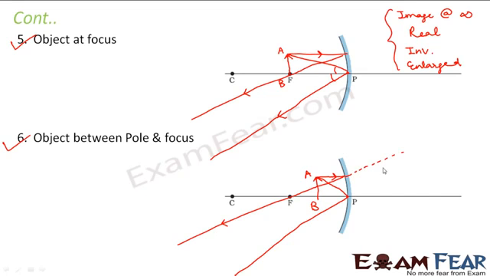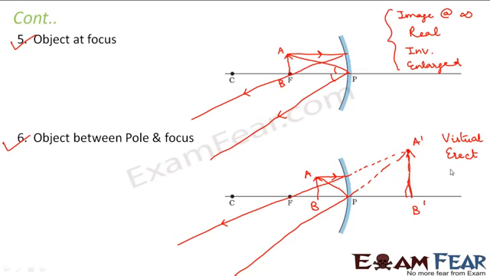So in this case, what do we do? We extrapolate them at the back, and we see that they appear to meet at this point, and then we say that this is my image. So we say this A'B' is the image formed. So in this case, what is the nature of the image? It is virtual, because in this case the rays do not actually meet. The image is erect.